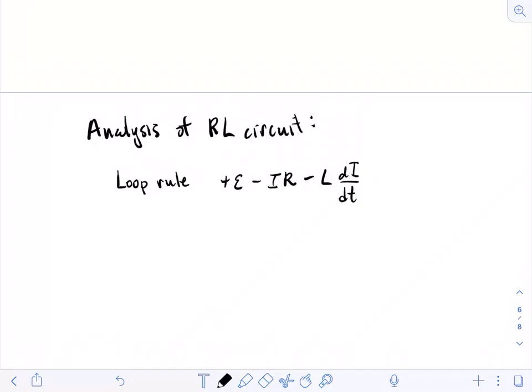That makes sense that we would write minus L di/dt, because di/dt is going to be positive for an increasing current. Okay. So let's think about the initial conditions.